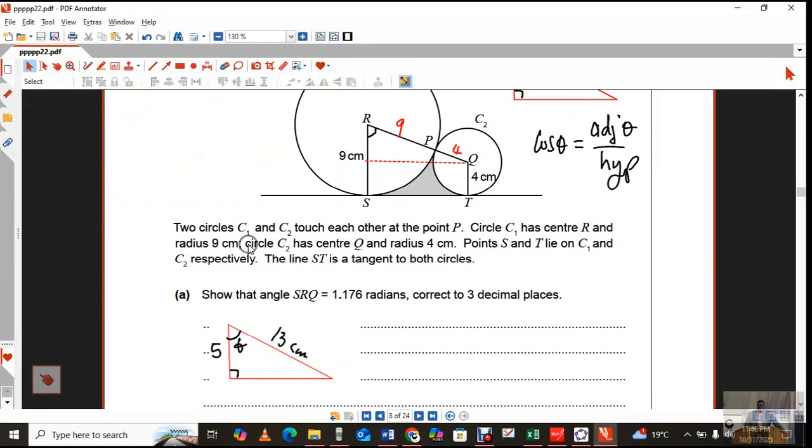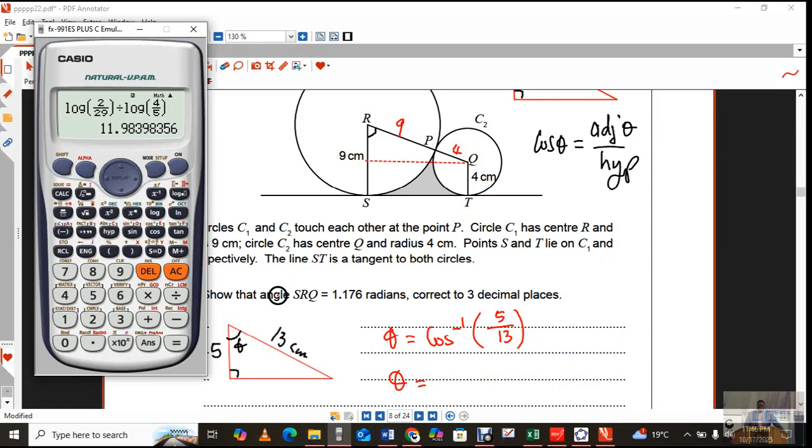So anyway, what do we have? We are looking for that angle, so we are using the cosine. Angle theta is going to be the inverse cosine, or arccos, of adjacent over hypotenuse, which is 5 over 13. We just have to make sure that our calculator is in radian mode.